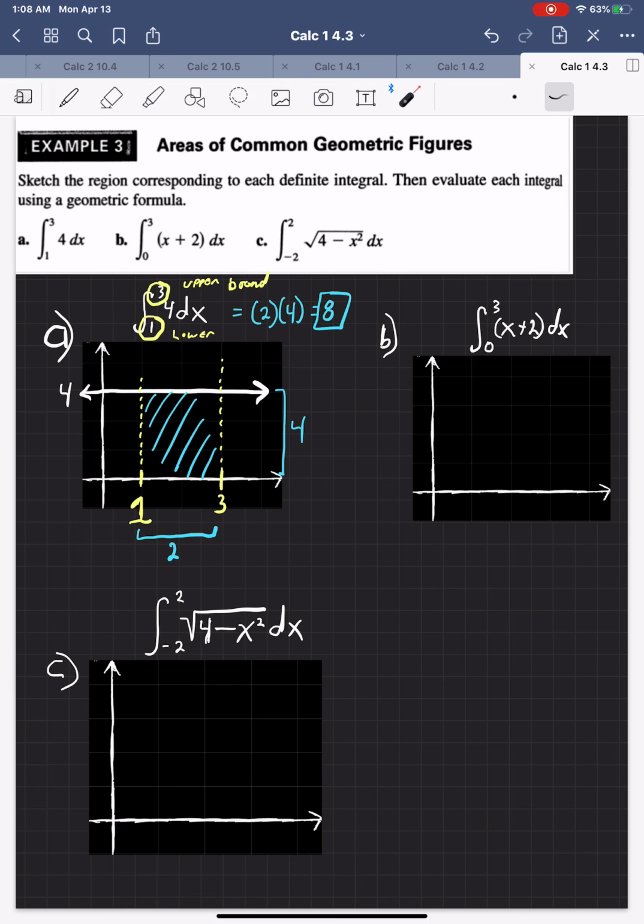So now let's look at part B. The very first thing we're going to have to do is graph x plus 2. Well, the good news is x plus 2 is just a line, right? So that's fairly easy to graph. So let me see if I can graph that really quickly.